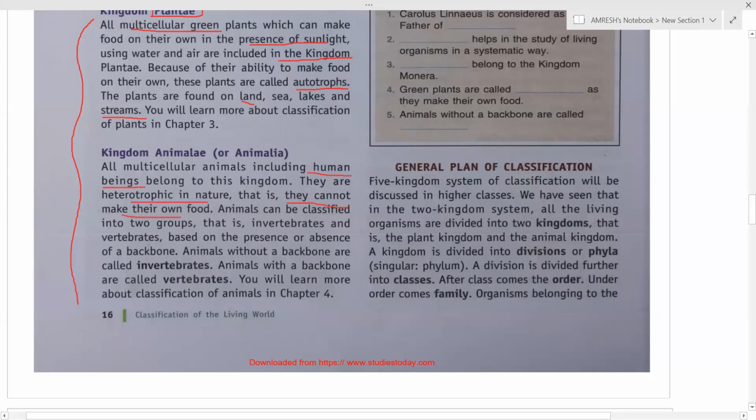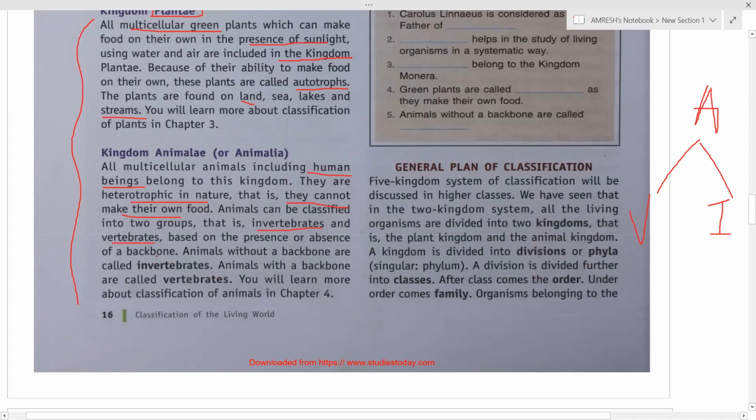Okay. So animals again are classified into two groups: vertebrates and invertebrates. See, I'm writing in short form. I think you have understood what I am telling. Animals are classified into two groups: invertebrates and vertebrates. On what basis are they classified? Presence of backbone.